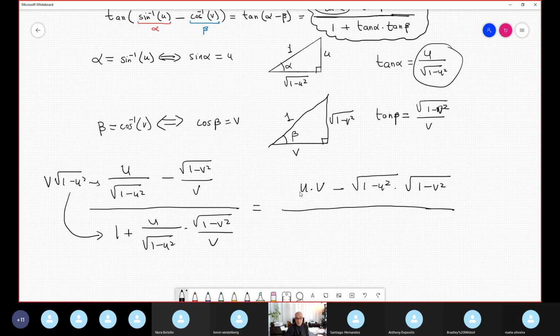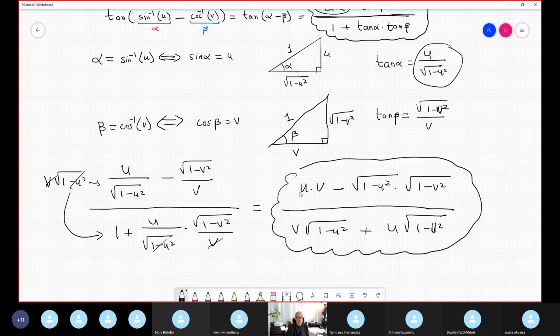This is more elegant. In the bottom, multiplying by the same gives b radical 1 minus u squared plus, and this is cancelled, and this is also cancelled, and only u radical 1 minus b squared stays alive. Okay, this expression is completely equivalent to this. However, this is nice, and this is ugly, no? But it's okay.